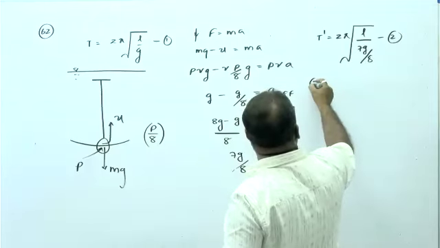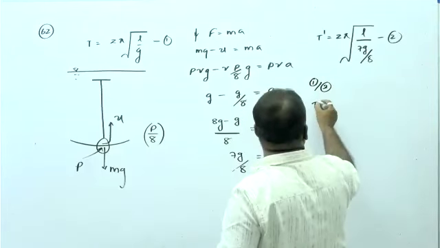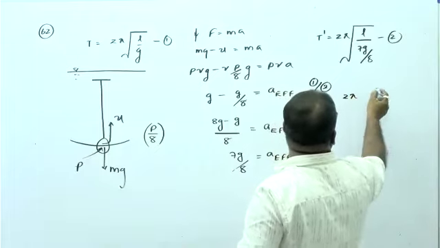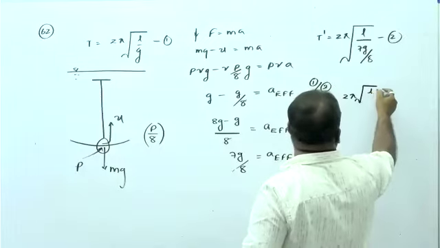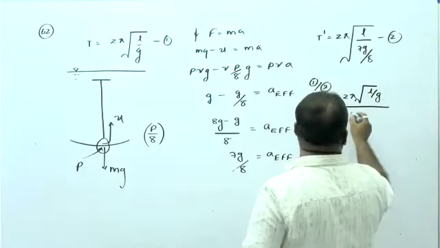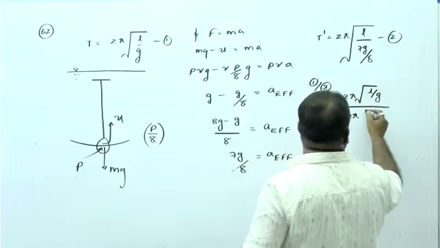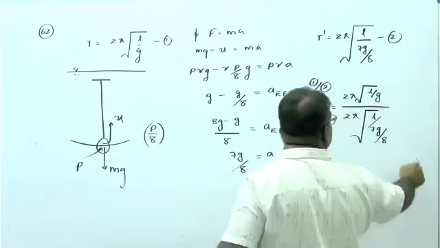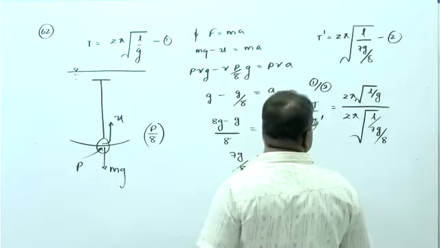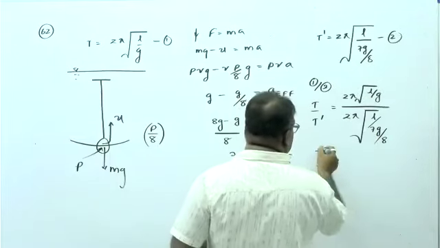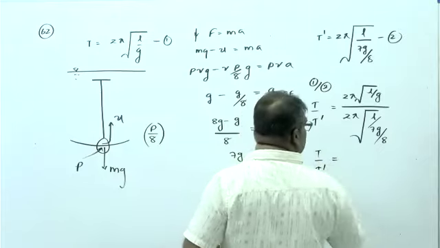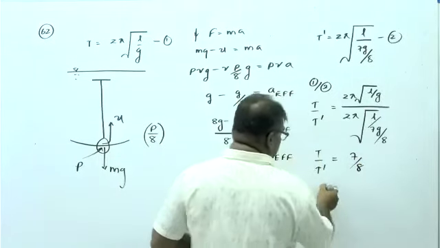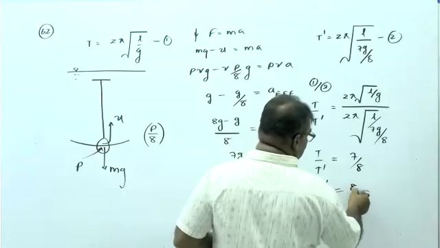T over T dash equals 2 pi root of L over g, over 2 pi root of L over 7g over 8. L L cancel, g g cancel, 2 pi cancels, T over T dash becomes root of 7 over 8, no? Then T dash is root of 8 over 7 times T.